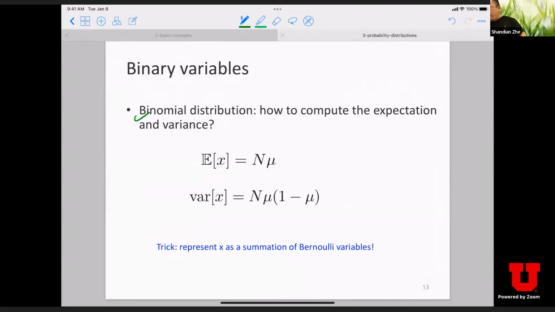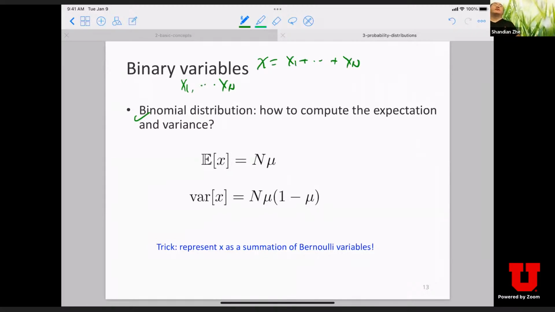We know that x is the number of ones. If you denote the outcome of each experiment by x1 to xn, remember each outcome is binary, either 1 or 0, so the number of times you see 1 is simply the summation of x1 to xn.